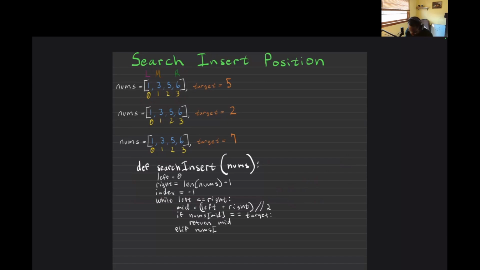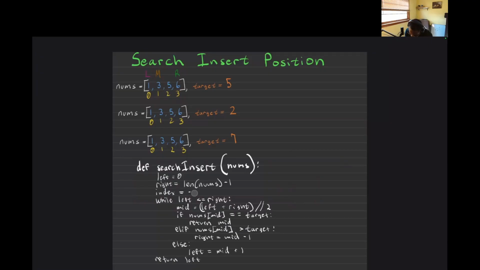Else if nums of mid is greater than the target, we say right is equal to mid minus 1 because we've overshot it. And the last case is we undershoot. So now we need to explore more on the right side of the mid, which is setting left equal to mid plus 1. And then finally, we're going to return our left.